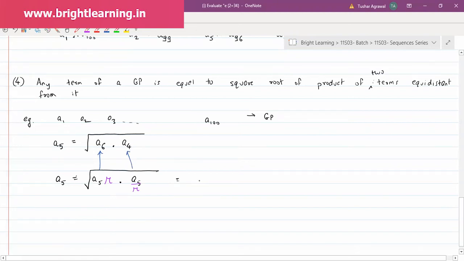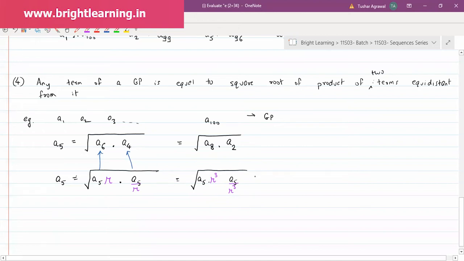Or I can also write it as A5 multiplied by R square, A5 into A5 under root. Let me multiply it by R cube upon R cube. So what will be the result? A5 into R cube. So 3 steps ahead I went, 3 steps backward also I will come: A8 into A2. So this is the property.